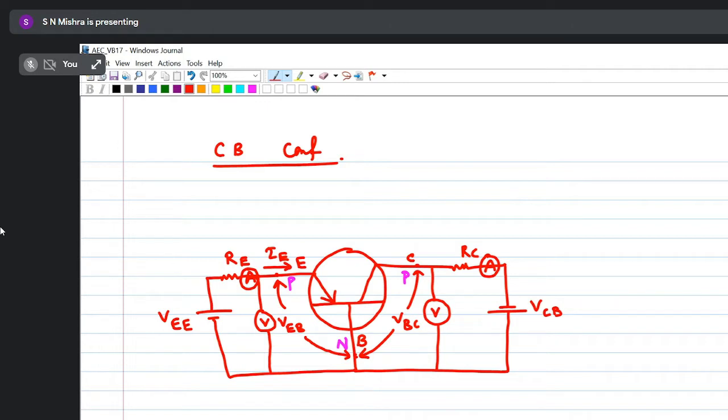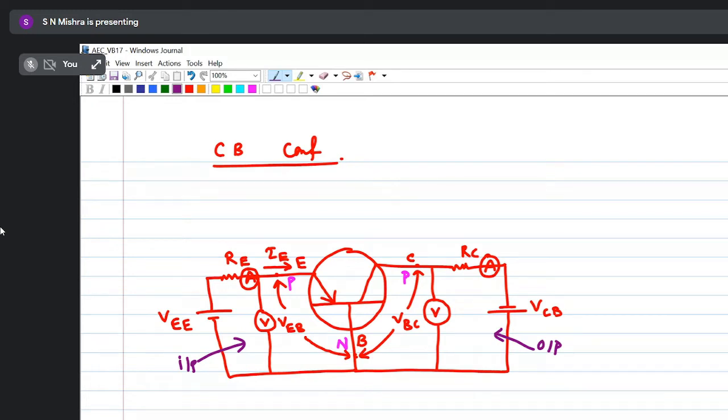Once you do that, then we have to see how we'll go for input and output characteristics. So this side is your input side and this side is your output side. Now here, look at the input side, we will have current and voltage, meaning VEB. If you change the emitter base voltage, what is the effect on emitter current?